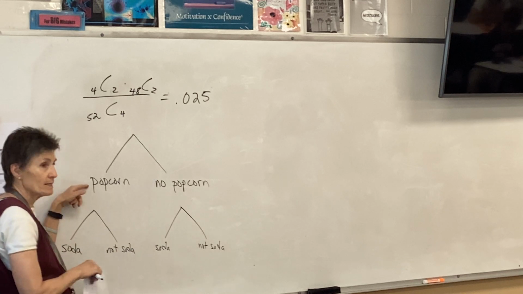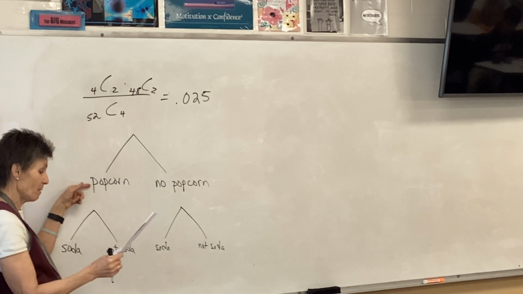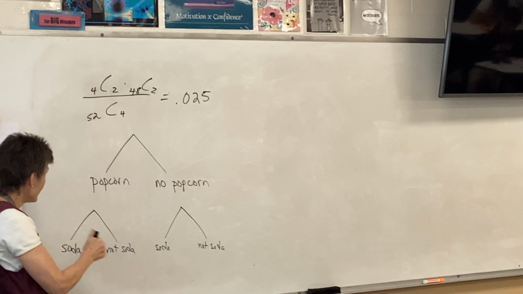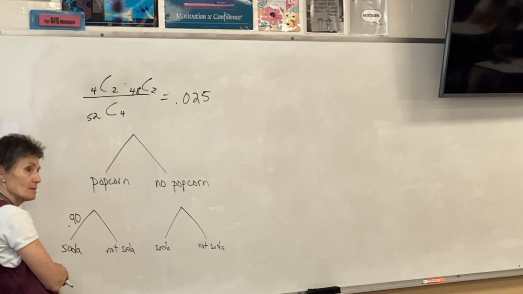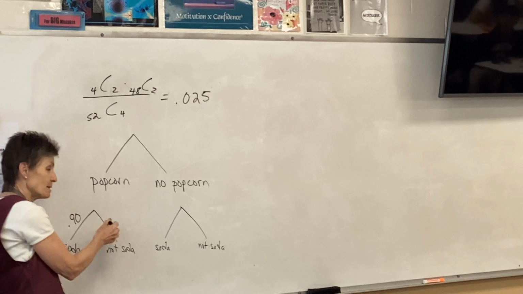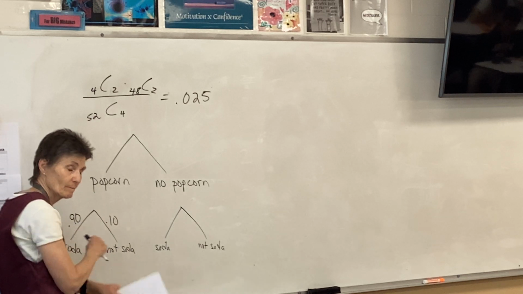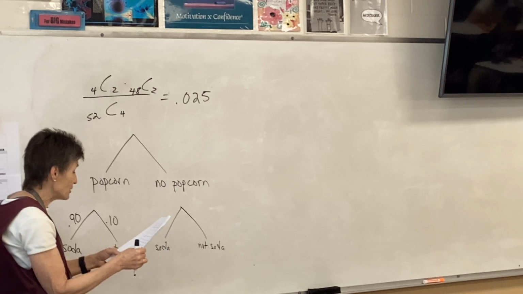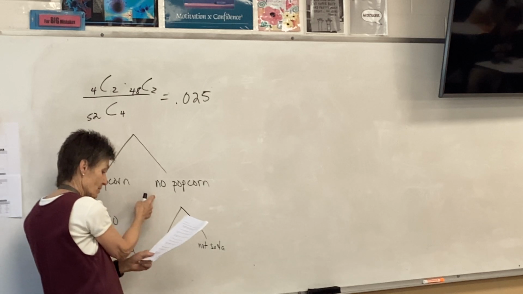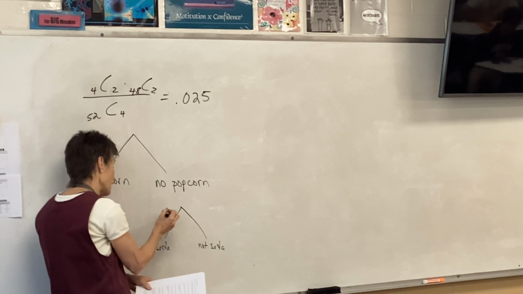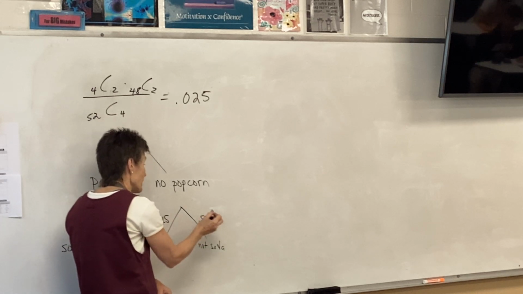If the cafeteria serves popcorn, so right here we're having popcorn, there is a 90% chance that we'll also have soda, which means there's a 10% chance we won't. If they don't serve popcorn, so no popcorn right here, there's a 45% chance they'll serve soda, which means a 55% chance they won't.